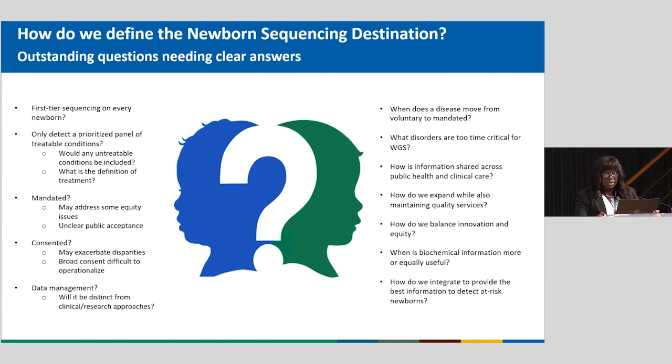It's important, though, to consider questions in and around treatability, manageability, mandates versus consent, data management and handling of uncertainty, balancing innovation and equity, and acknowledging sometimes that biochemical information may be just as, or if not more, informative in some cases.